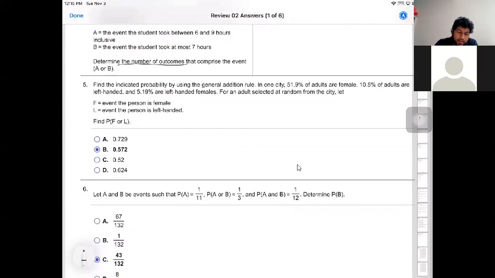Find the indicated probability by using the general addition rule. What's the general addition rule? Probability of A or B equals probability of A plus probability of B. This is the general addition rule. Just before I go to this question, I should say that you can convert any probability value to a percentage by simply multiplying by 100.